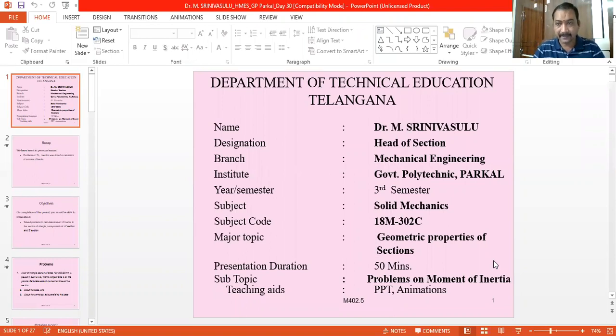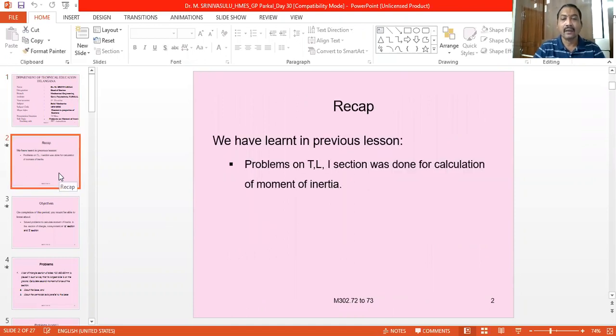So the subtopic of today's lesson is problems on the moment of inertia of the various sections. Now coming to the recap, in the previous classes we had some problems on the T section, L section, and I section also.